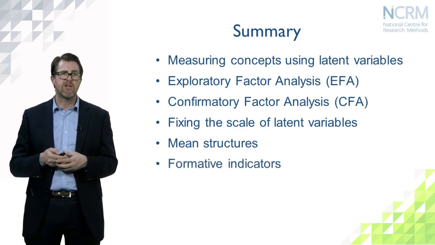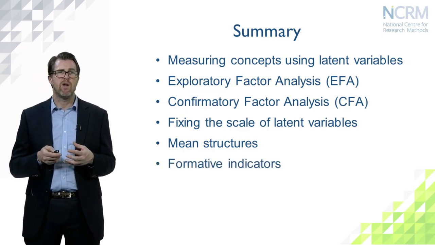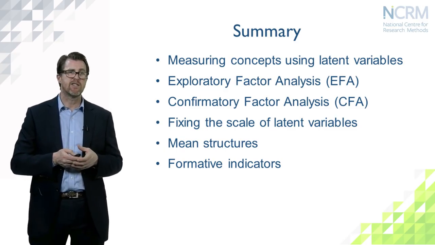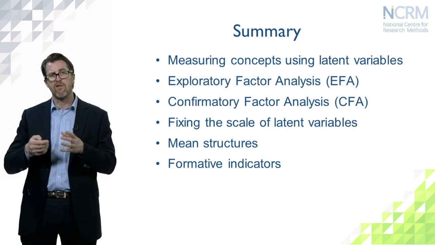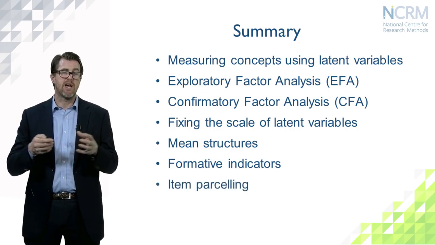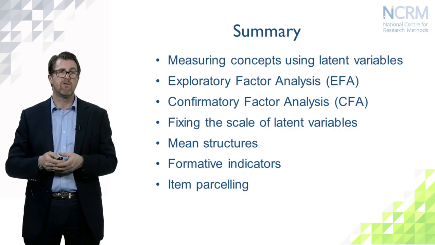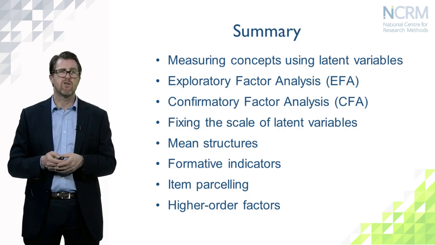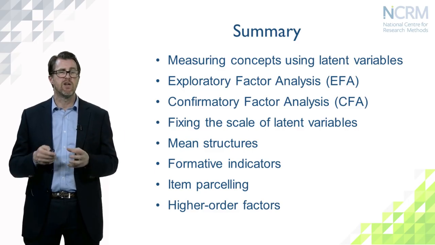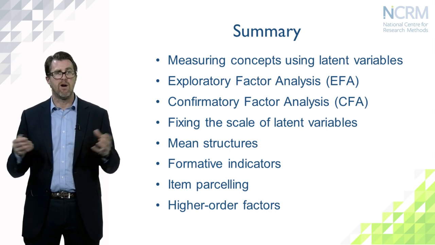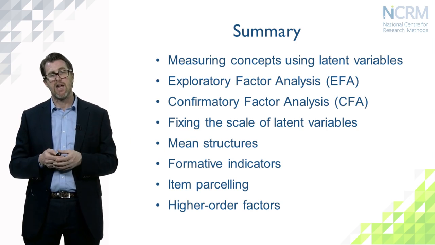We've looked at some special cases where we have formative indicators rather than reflective indicators, where we have a first stage of item parcelling, when there are many indicators and a large number of latent variables. And we finish with the special case of a higher order factor, where a latent variable is measured not by observed items but by lower level latent variables.